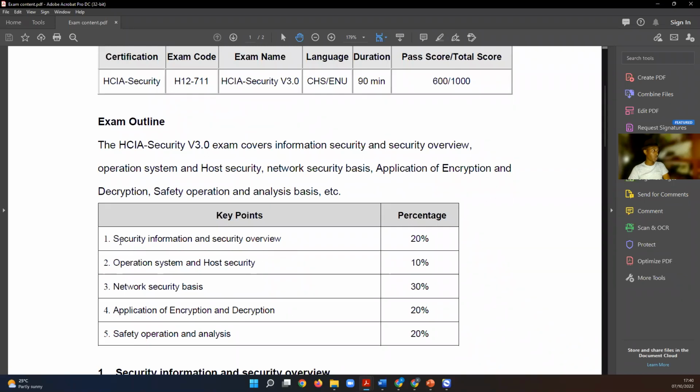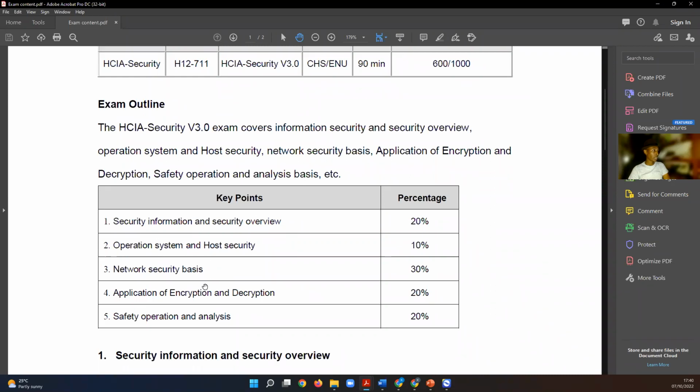Some of the things that you need to know are application of encryption and decryption, which takes 20%, security operation and analysis, and also security information and security overview. Operating system and host security takes the least, and the basis for network security takes the most.